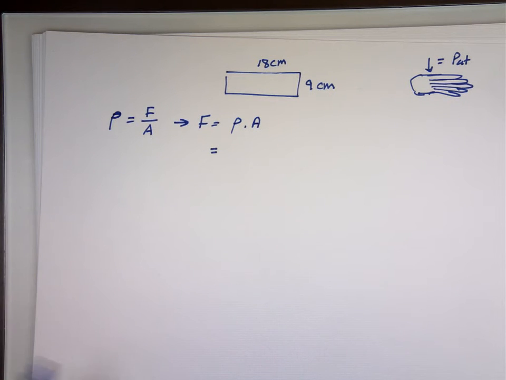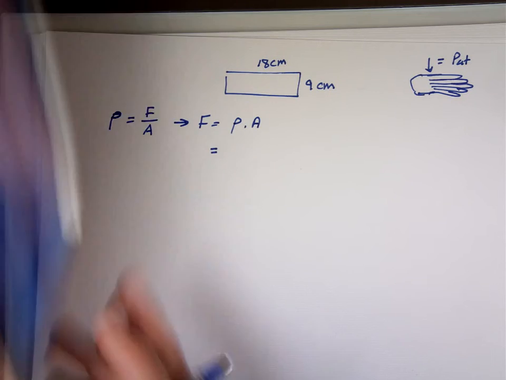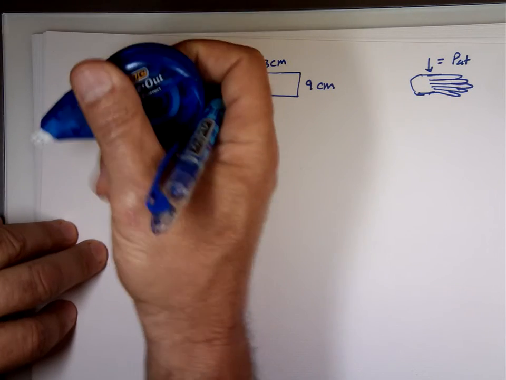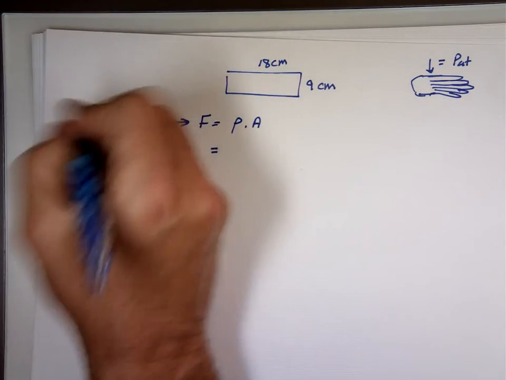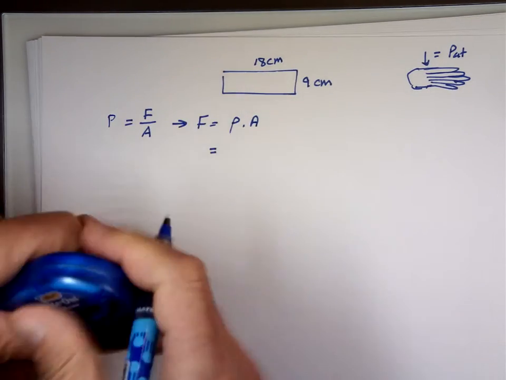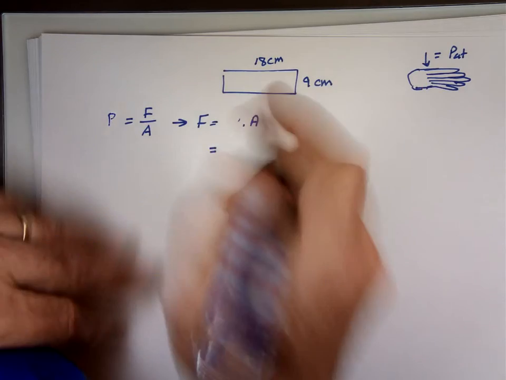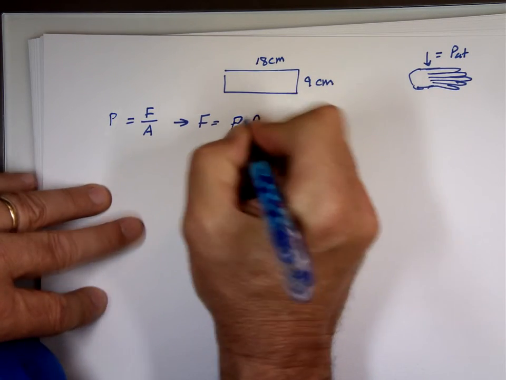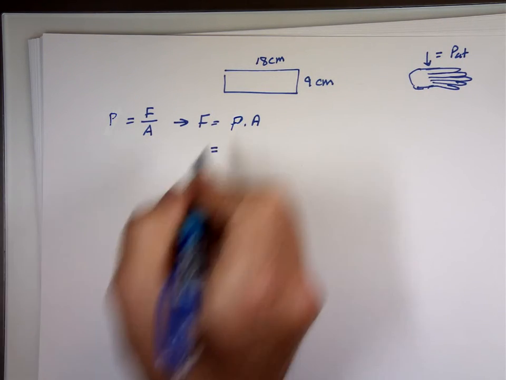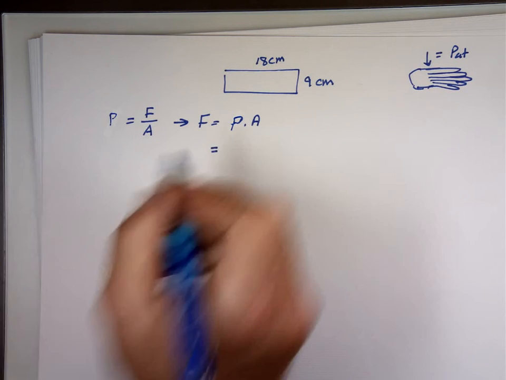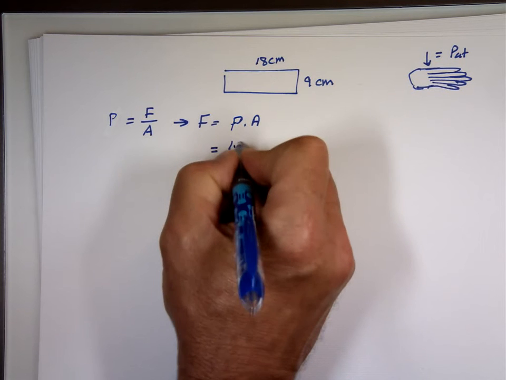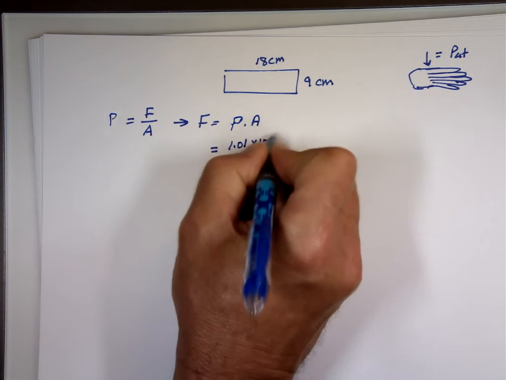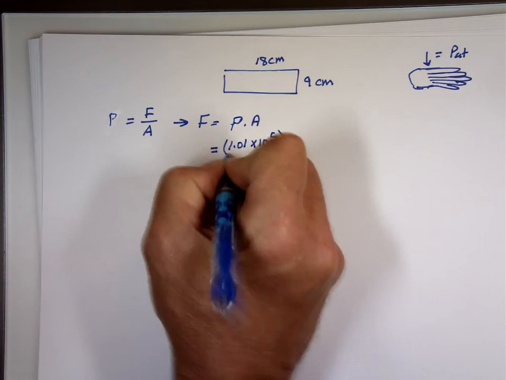Pressure; rho is mass divided by volume. F equals pressure times A. So what's the pressure? Isn't that atmospheric pressure? And what's the area? Isn't that length times width?